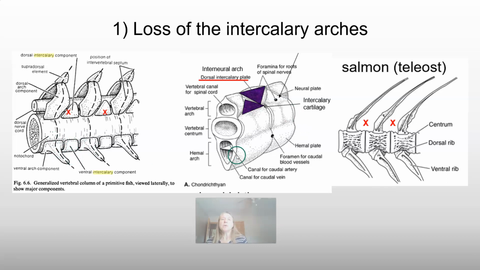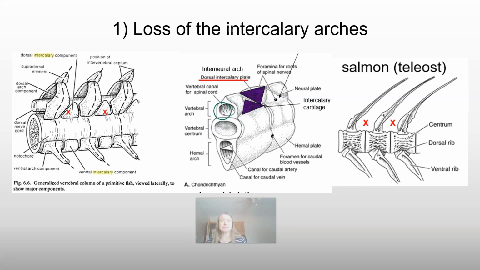When we look at our chondrichthyes, we have the centra, the vertebral column in here. This would be the bodies, but again, remember this is cartilaginous. This is around the notochord. Here we have the neural or vertebral arch. You're going to see vertebral arch a lot. Vertebral and neural arch are synonymous.